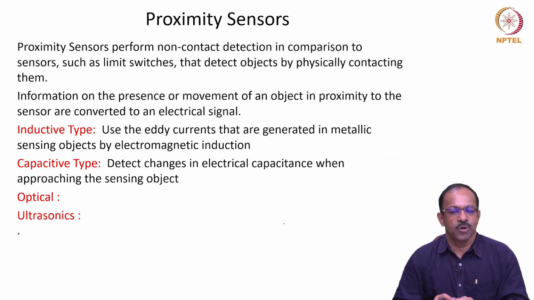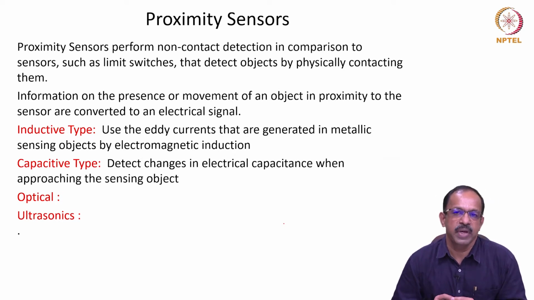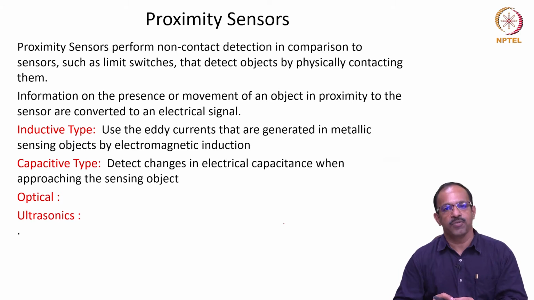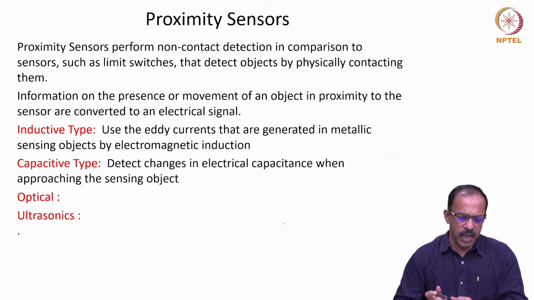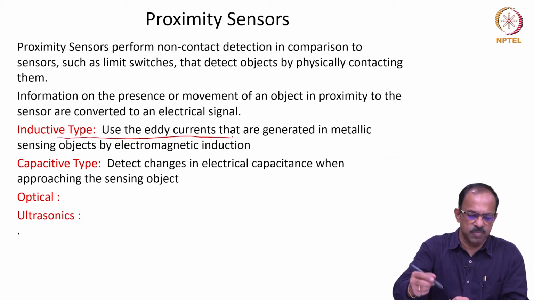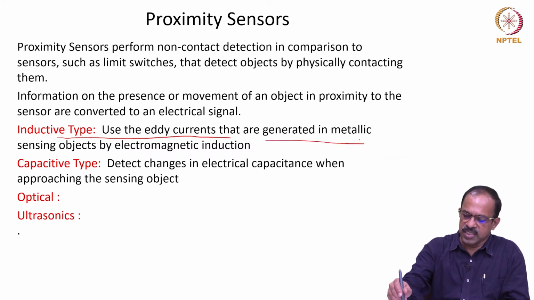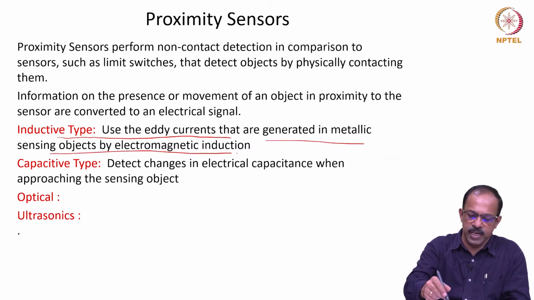So the presence or absence of an object, or movement of an object proximal to the sensor, can be detected by this kind of sensors. As you can see here, there are different kinds of proximity sensors. One is the inductive type, which uses the eddy currents that are generated in metallic sensing objects by electromagnetic induction.